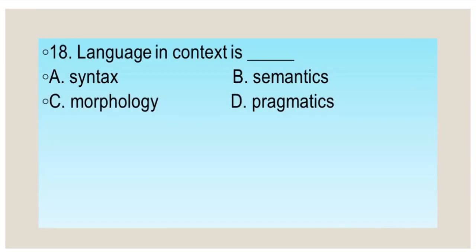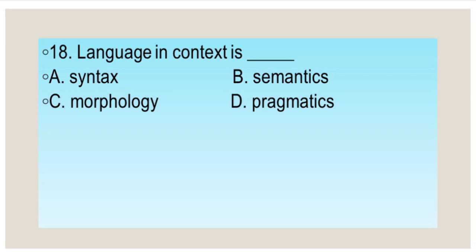Number 18. Language in context is what? Let's examine the words in the options. What do we mean by syntax? Now, by the way, syntax, morphology, semantics, and pragmatics are the components of linguistics, the study of languages. Syntax refers to the order of words.